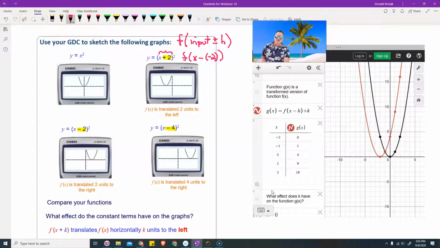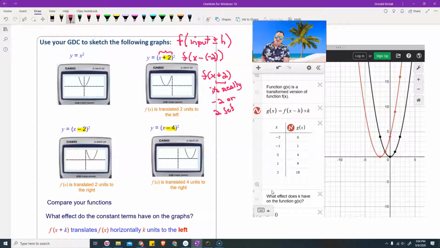And when you have 2 negatives, then you get a positive. So even though this says plus 2, it's really negative 2, or 2 left.